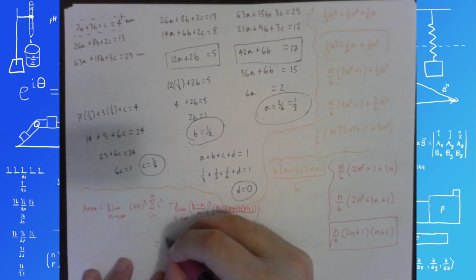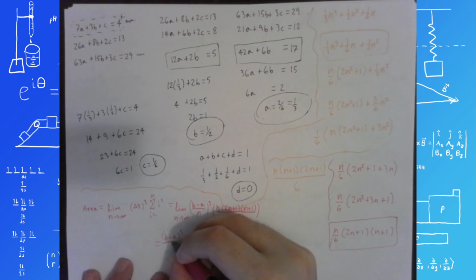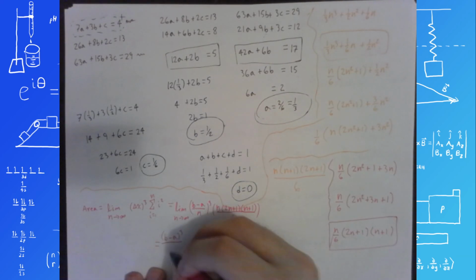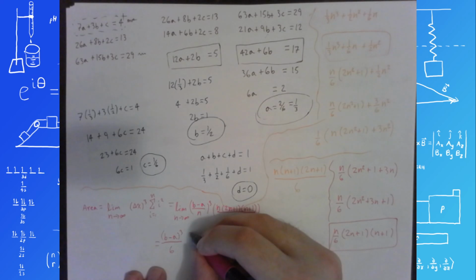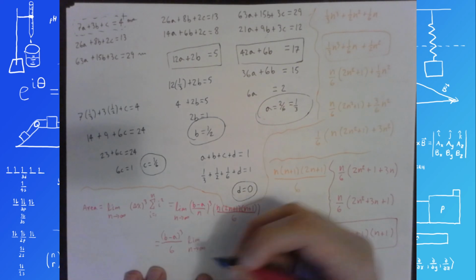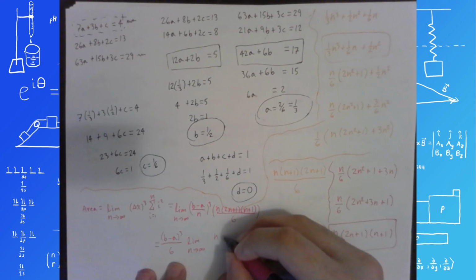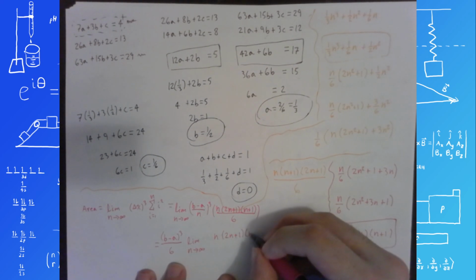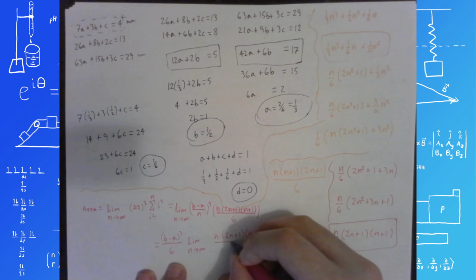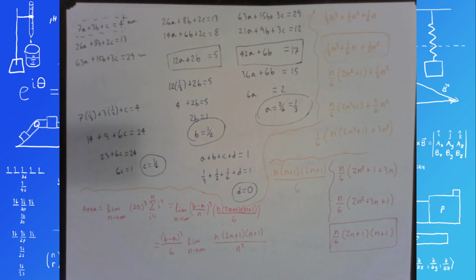So it equals (b minus a) quantity cubed, which I have a feeling I'm going to have to expand later, all over 6 times the limit as n approaches infinity of n times (2n plus 1) times (n plus 1) all over n cubed. Right, that's what I get out of this.